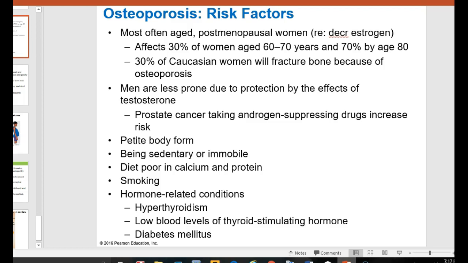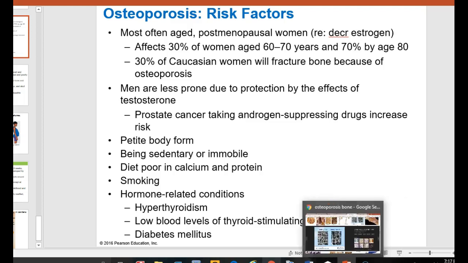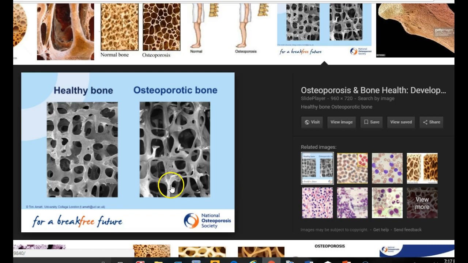A few other risk factors for osteoporosis, which would be the decrease in bone density, particularly in the trabecular bone, and you can see that here, normal healthy bone on the left, and then bone where you can actually see where some of the trabeculae have broken off, and you can also see it's quite a bit more holey, if you will, quite a bit more spaces than trabeculae of bone.